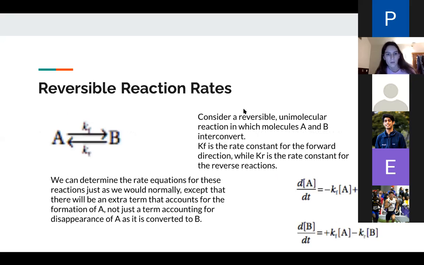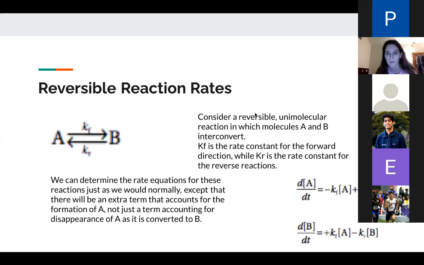Okay, so we're going to take this reaction, A giving B, B giving A. It's hard to see, but the top arrow has a Kf and the bottom has a Kr. This is a reversible unimolecular reaction in which molecules A and B are interconverting. One example would be a molecule switching from a cis conformation to a trans conformation.